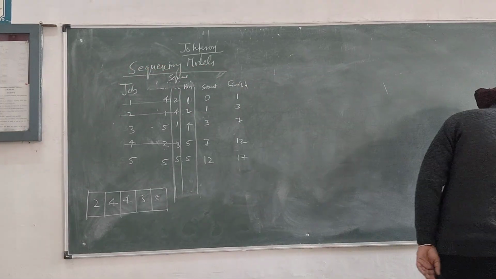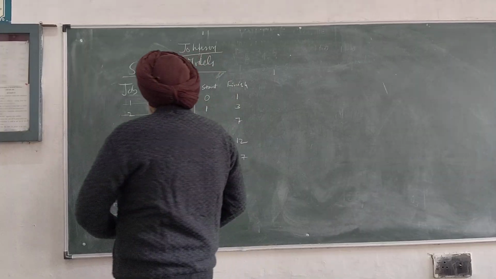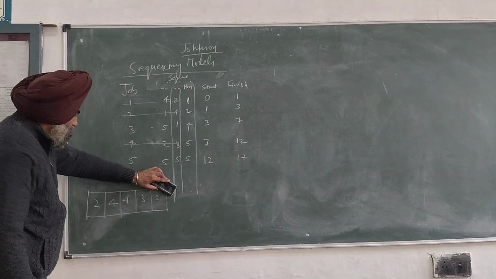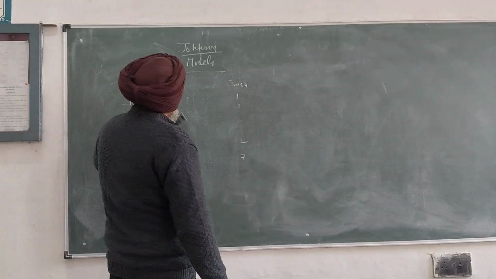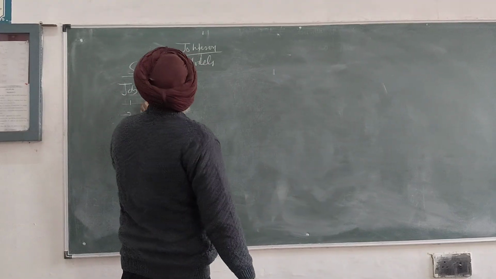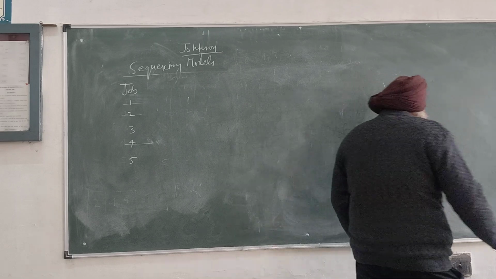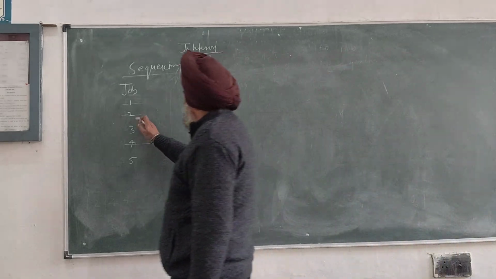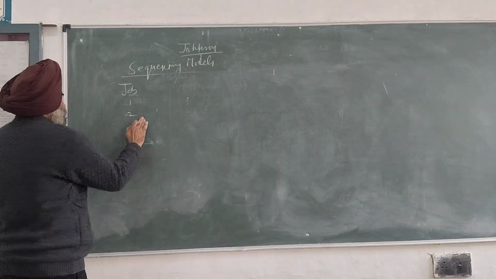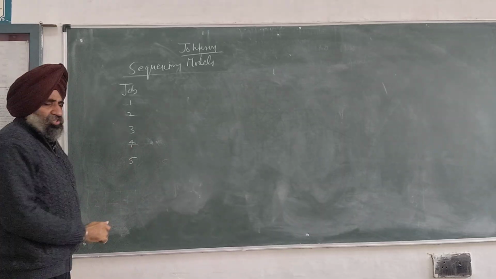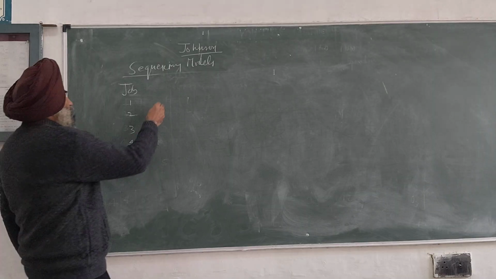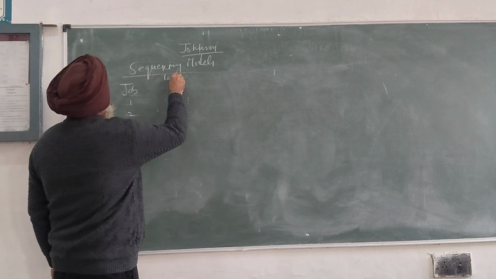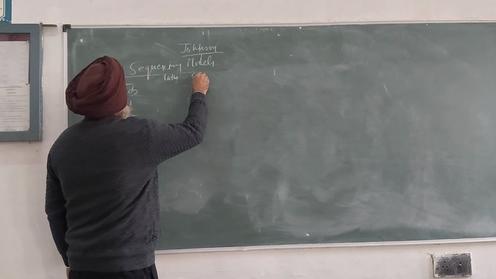Now let us take another one. We will take one more problem in continuation with the same one. So this is the sequencing model. Here the jobs are 5, and the operations being performed are 2. One is being performed on a lathe machine, and another one on a grinder.